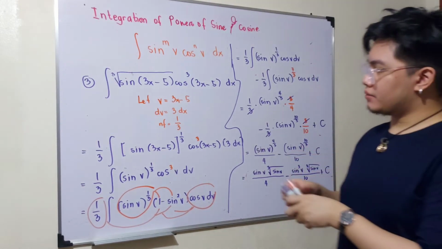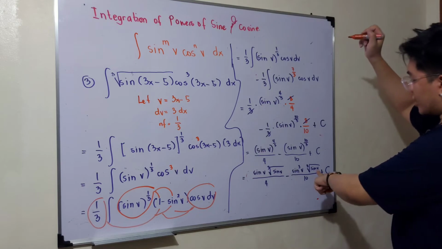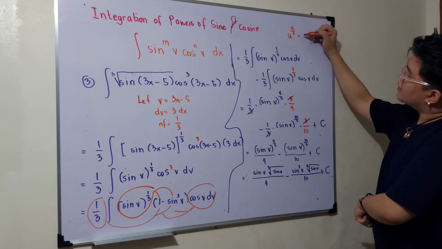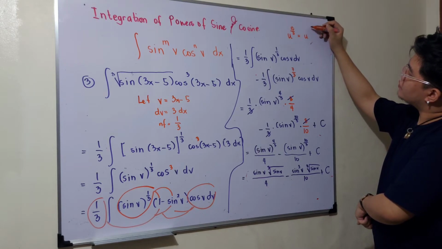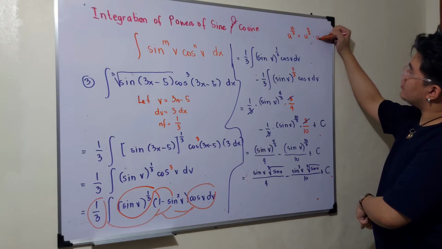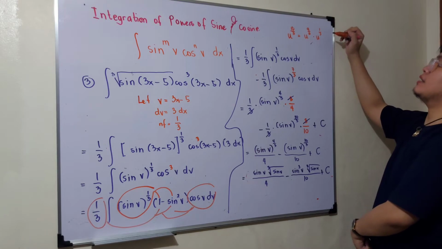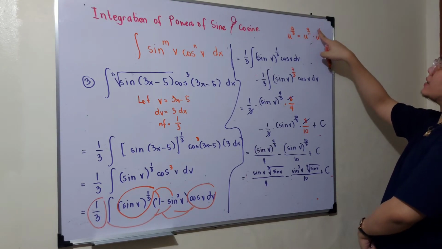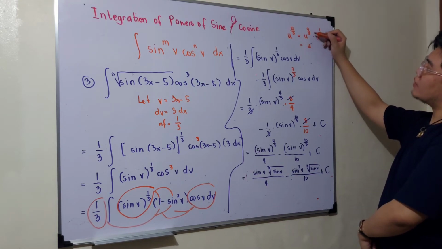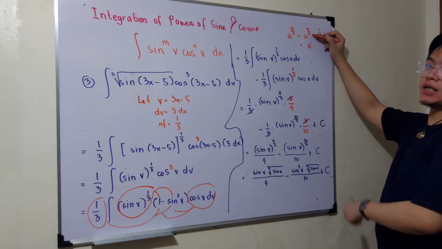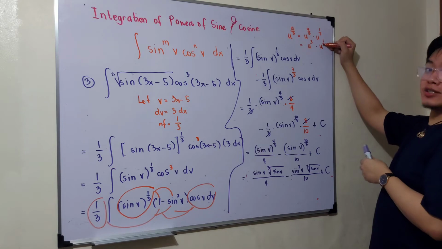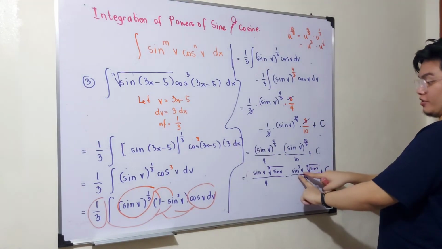Wait, tama ba to? Wait lang guys ha, check natin to ha. So yung u raised to 10 thirds, so this one is equal to u raised to 9 thirds times u raised to 1 thirds, guys. 9 over 3 plus 1 third ay equal to 10 thirds. So you know that this one will be equal to u, 9 divided by 3, 3, so times u raised to 1 thirds.